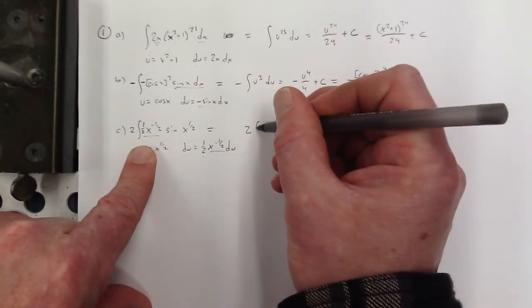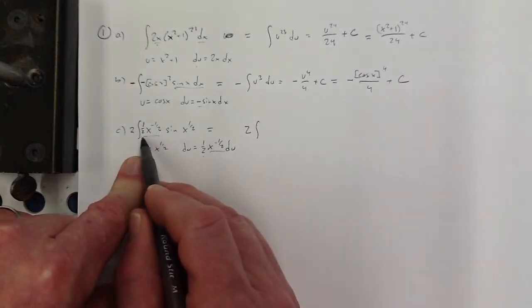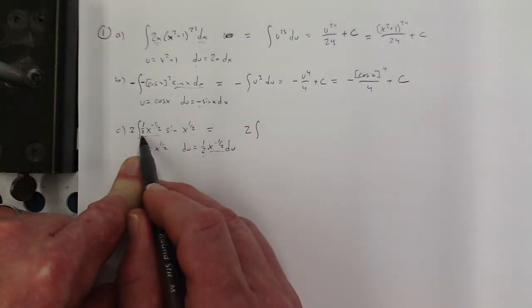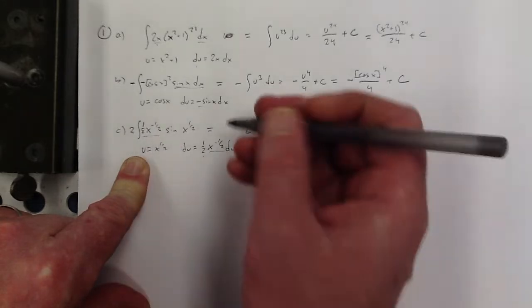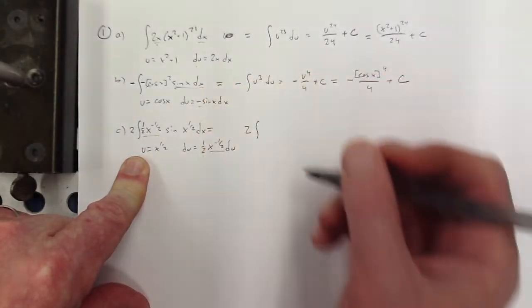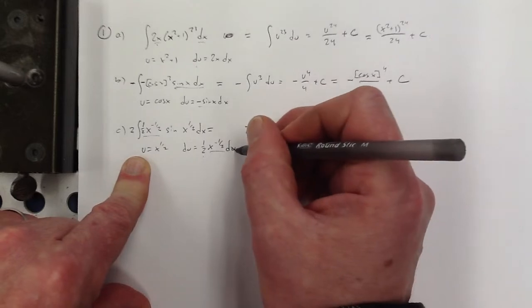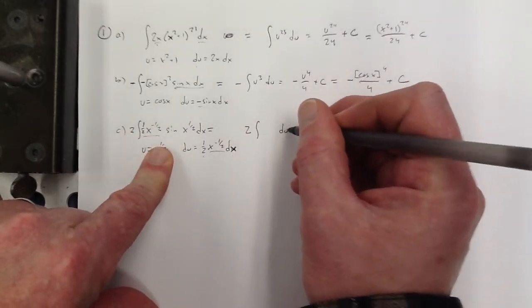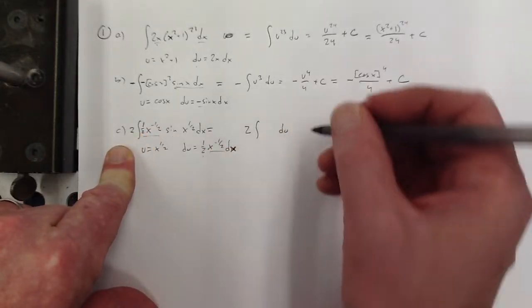So I've got 2, and then 1/2 x to the negative 1/2. Forgot my dx. Going too fast. That all turns into the du, and then sine of u.